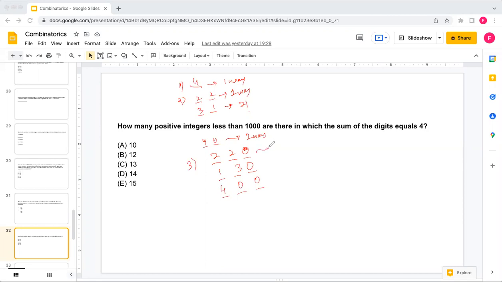Okay, so in how many ways can this be? 1 1 2, yes, 1 1 2. So first one is 2 2 0. In how many ways can we do this? If we just manually do this, that will be simple. 2 2 0, then 2 0 2. Any other way? Because we can't take 0 in the front. That will be either 2 2 0 or 2 0 2. Only 2 ways, right?